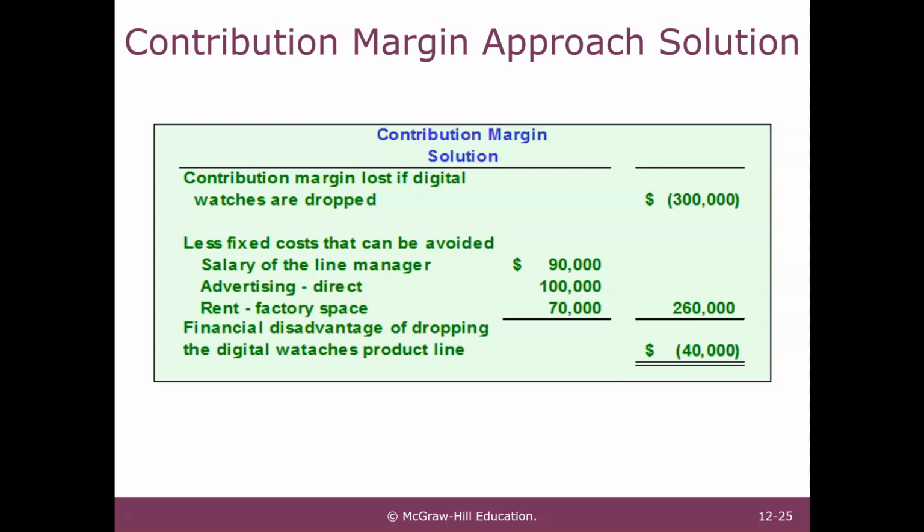That still leaves you shy of $40,000. So it is a financial disadvantage if they drop the line. Their net income would actually decrease by $40,000 because of some of the fixed expenses that they will still have even if they dropped it.